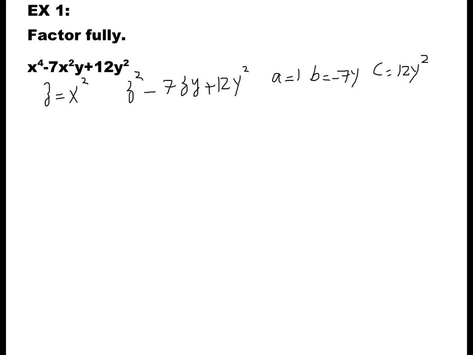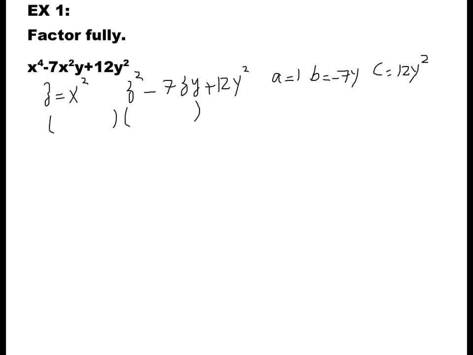Since the leading coefficient is 1, it's not necessarily factorable, but it's possible to use the sum product method. If we can find two numbers whose product is 12y squared and whose sum is negative 7y, we can factor this one. So hopefully we can find those two numbers.